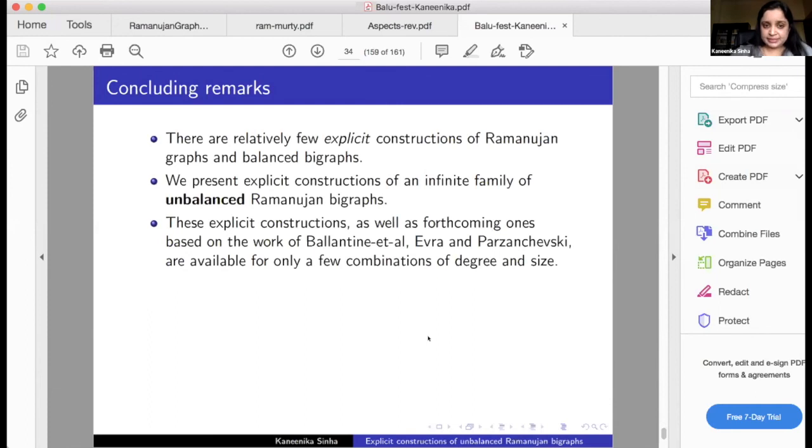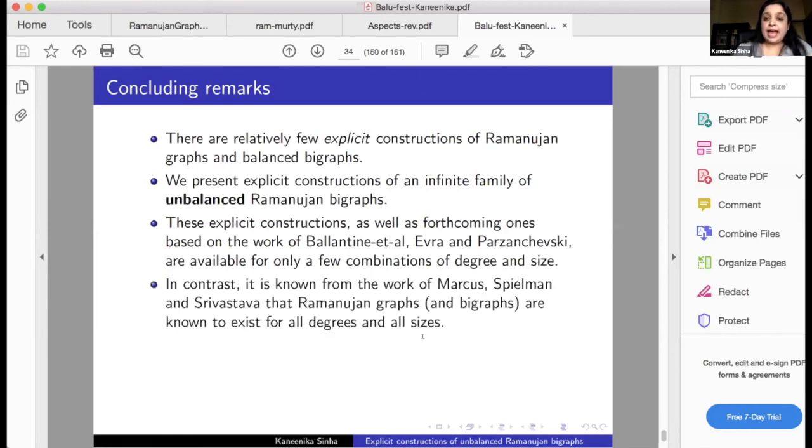These explicit constructions are available for only certain combinations of degree and size, but it makes for a very good beginning. And it is known from the work of Marcus, Spielman and Srivastava that Ramanujan graphs and bigraphs are known to exist for all degrees and all sizes.